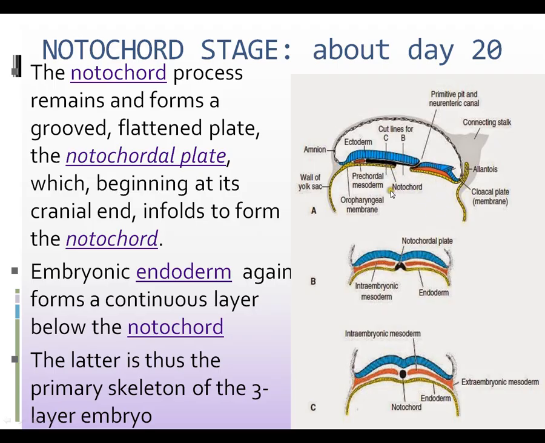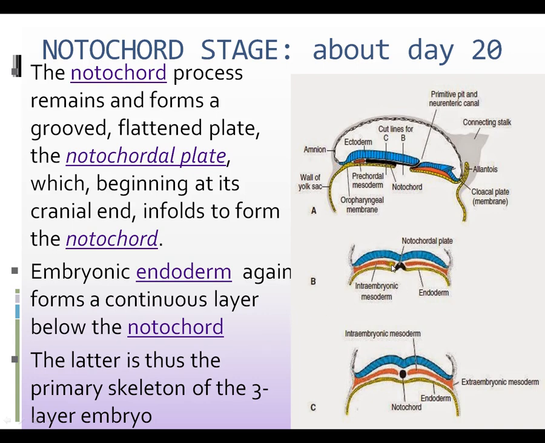Okay, so later on this communication regresses and the floor is again continuous with the formation of a notochordal plate. That plate gets thickened, gets detached, and is again replaced by the endodermal cells, and it acquires a central position in the mesodermal layer to divide the mesoderm into right and left halves.